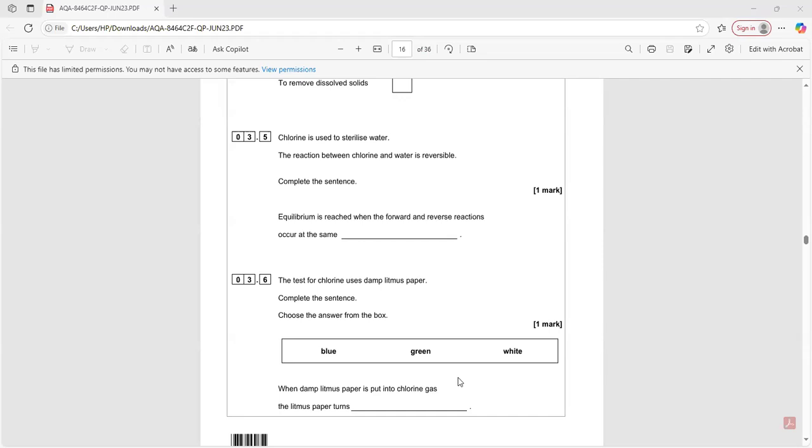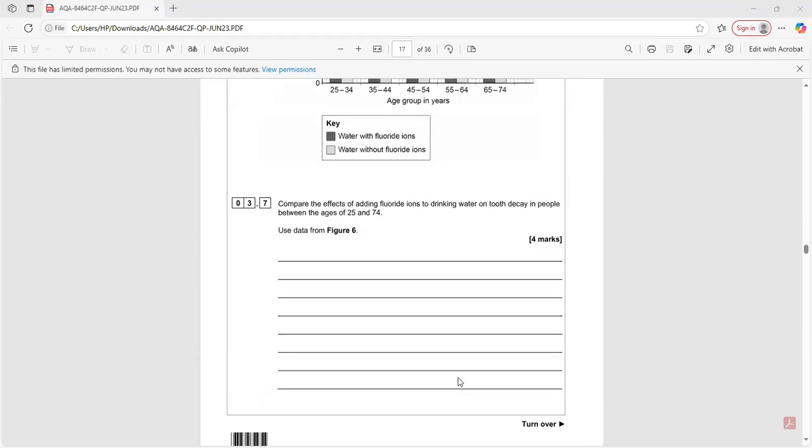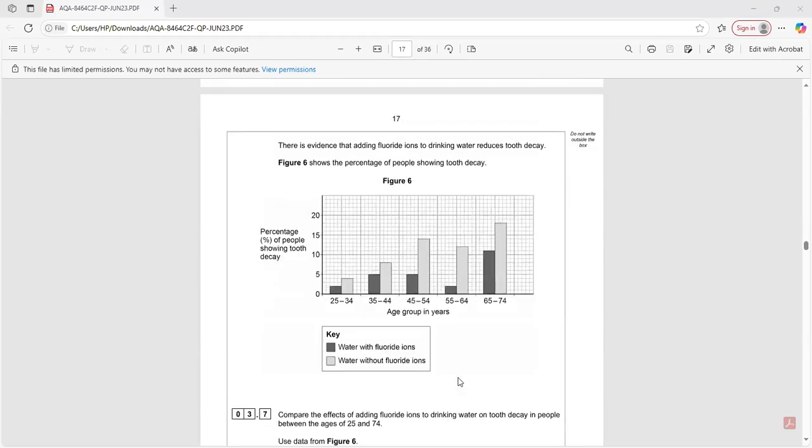I think they deliberately put blue there and green just to confuse us, but we know that it turns white, and the reason is because of the bleaching action of chlorine. So remember that chlorine has bleaching action. That's why you can find it in most bleaching agents used for washing clothes.